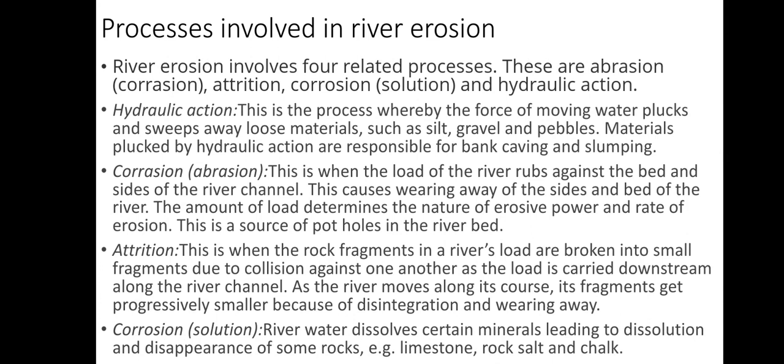Hydraulic action is the process whereby the force of moving water plucks and sweeps away loose materials such as silt, gravel, and pebbles. So basically, the pressure and force of water causes the tearing up, or sweeping away, of those loose materials found in a river channel.